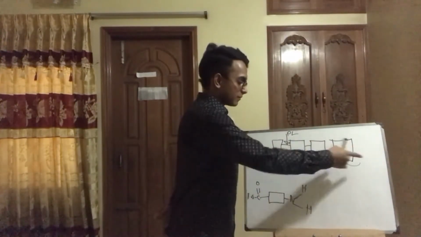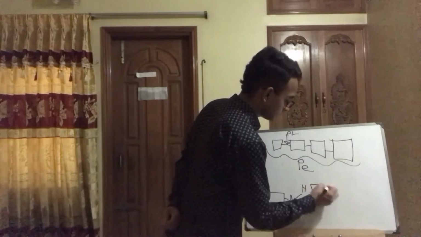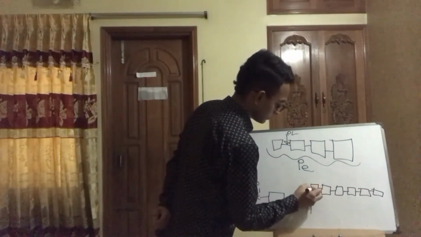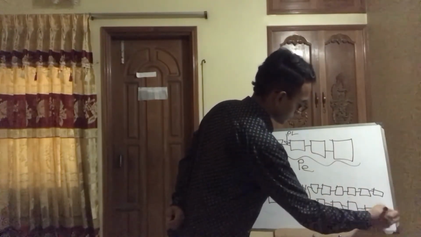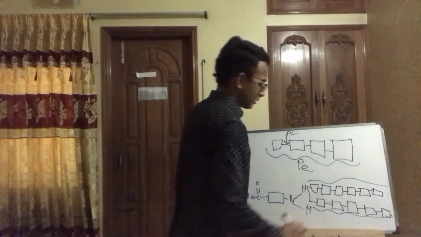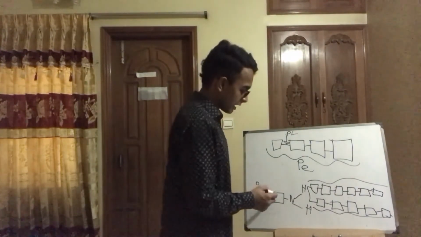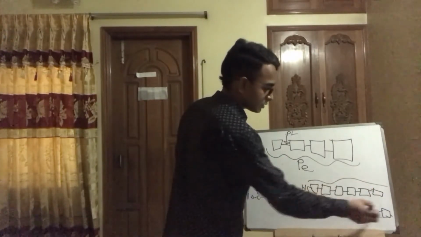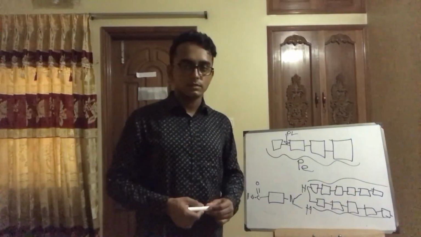But if a few of these peptides join together to form a large chain of amino acids, it is called a protein molecule. So amino acids, peptides, and many peptides joined together form a protein molecule. So a protein molecule is also a polypeptide. Okay, fine.